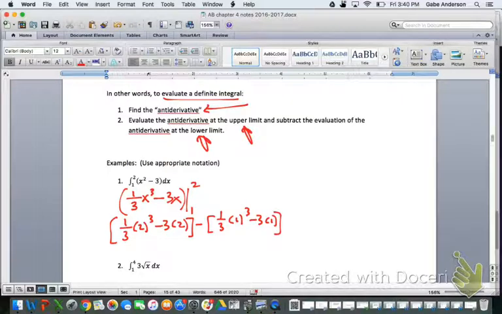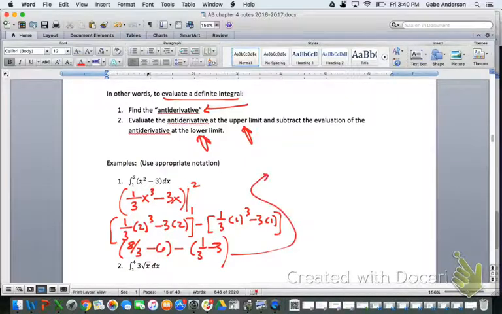Of course, I just have a little bit of arithmetic to do here, so I will attempt to do that. When I do that arithmetic, I get 8/3 minus 6 minus 1/3 minus 3. We're going to do this without a calculator, so we're going to have to do a little bit of fraction work. I see 8/3 minus 1/3 basically here. So 8/3 minus 1/3 is 7/3.